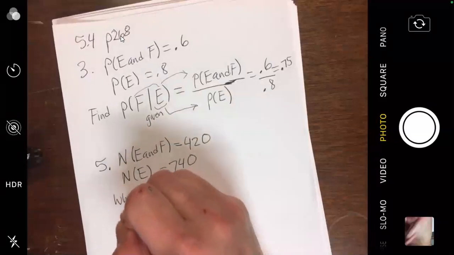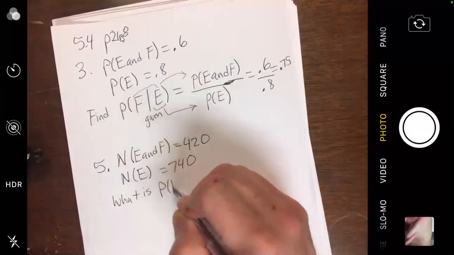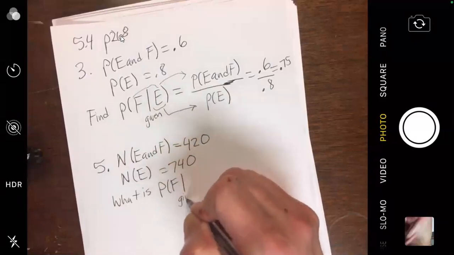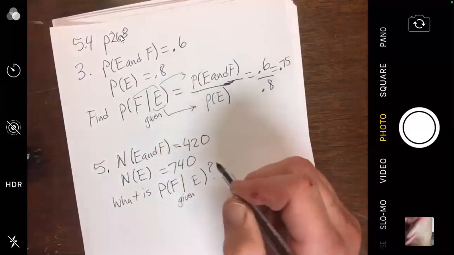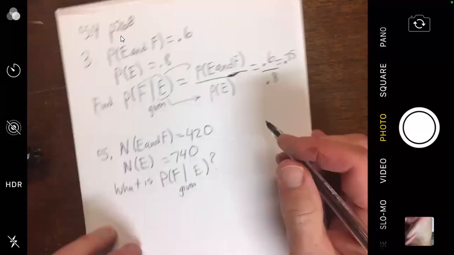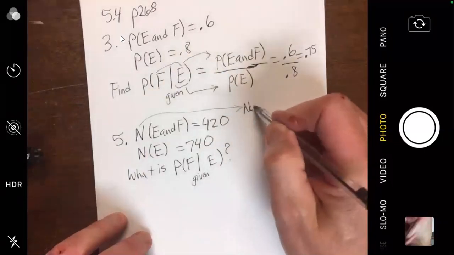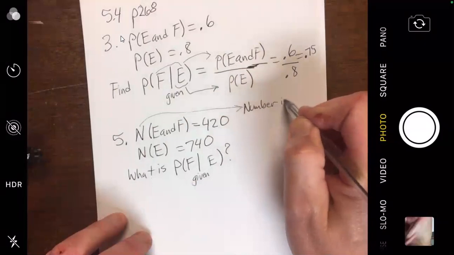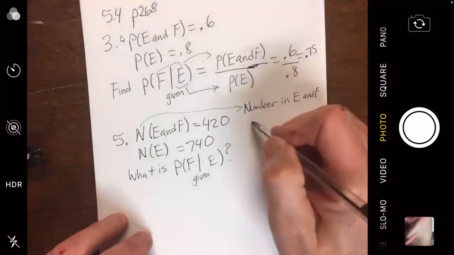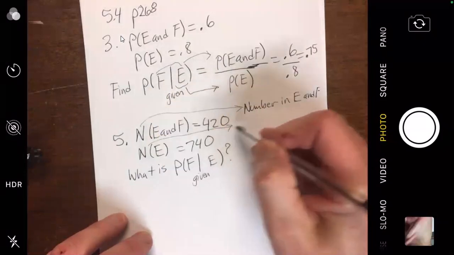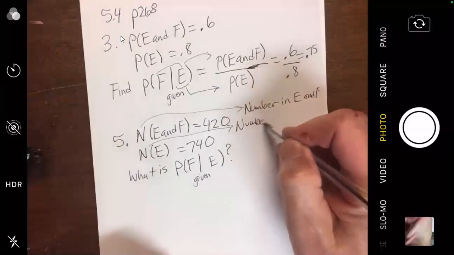What is probability of F, again, given E? Okay, this notation, this N is read number in E and F. And this is read number in E. In effect, they're frequency numbers in event E.